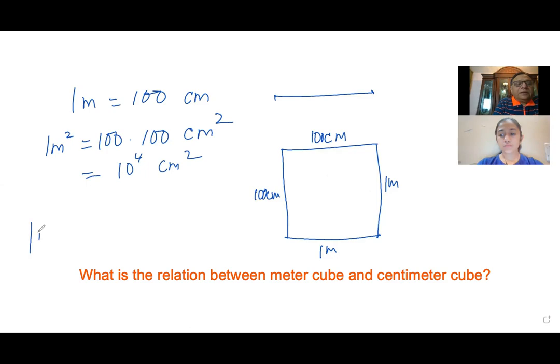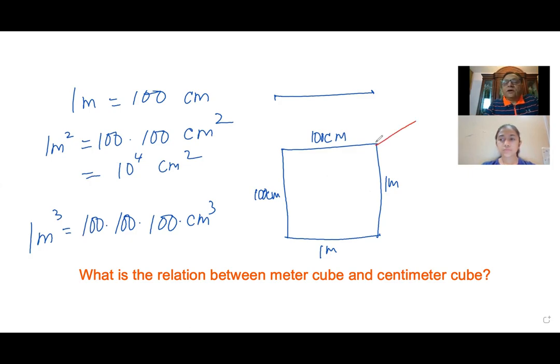Now how about 1 meter cube? It will be 100 times 100 times 100, correct? Because as soon as I do meter cube, I'm adding one more dimension, which is also 1 meter or 100 centimeters.